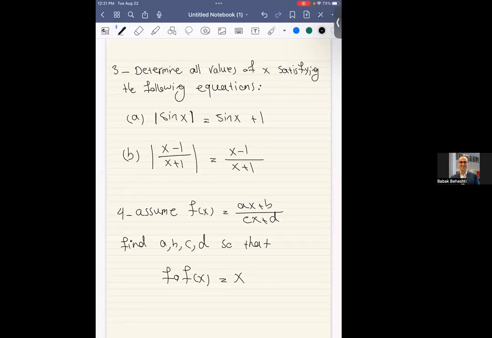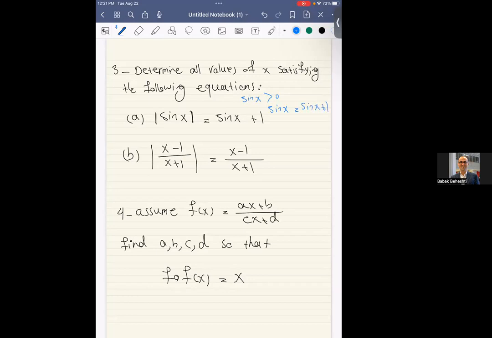If sine x is positive, then the absolute value of sine x is just sine x, and the equation says sine x equals sine x plus 1.